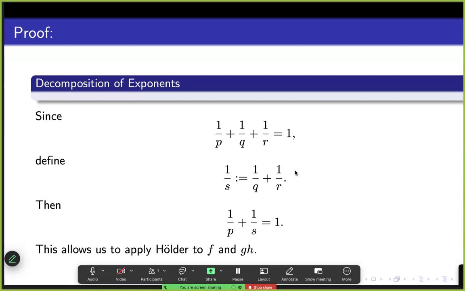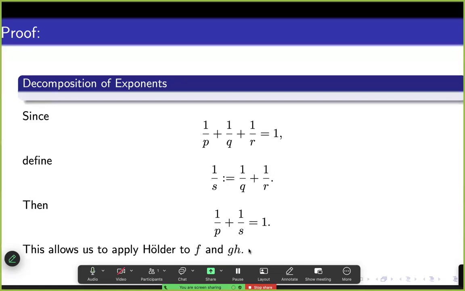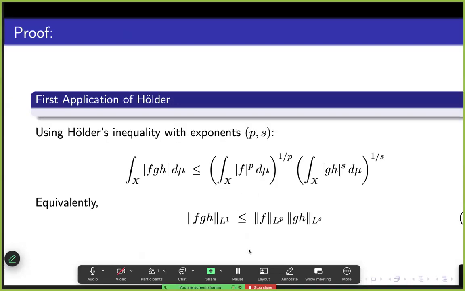Now we can apply Hölder's inequality to the two functions f and gh. So f·gh can be separated into two integrals: the first integral is for the function f to the p, and the second applies to the function gh to the power s.